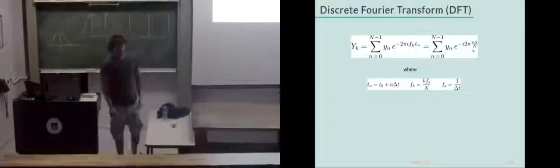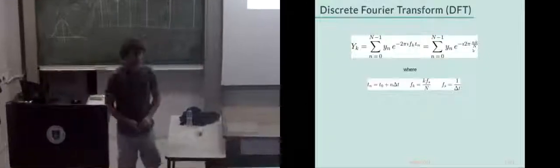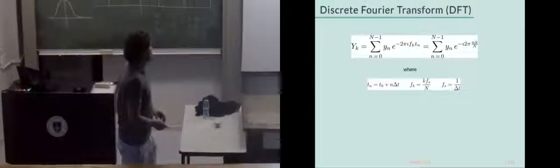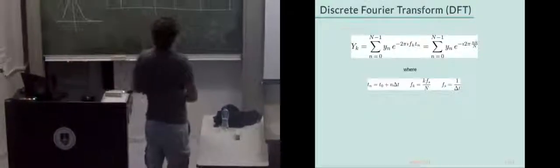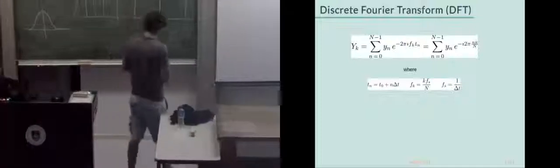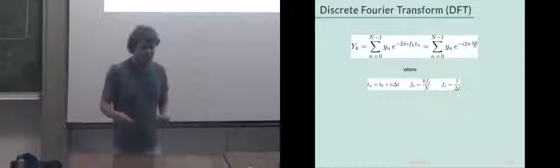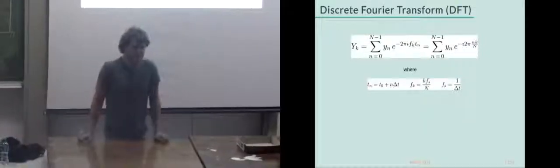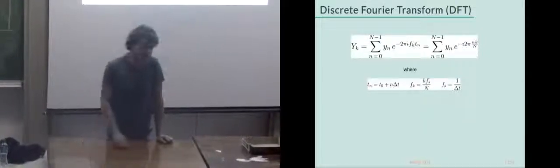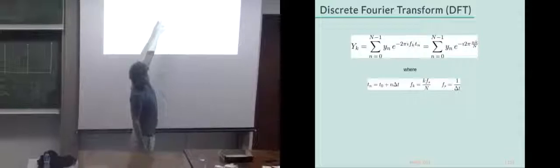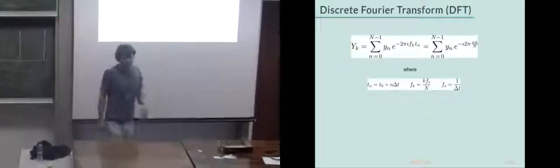Yes. Does k represent the wave number, or is it just purely to number the samples? k is just, so you could, I mean, you could interpret it as a wave number if you use the right frequency variable. Look at how k is related to the actual frequency.